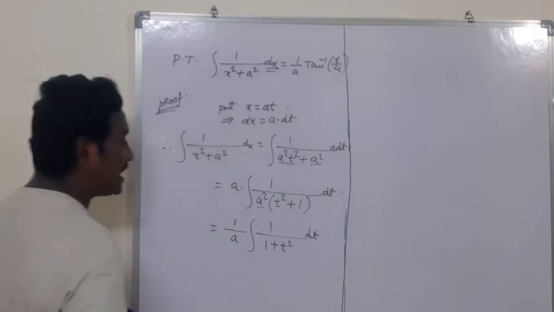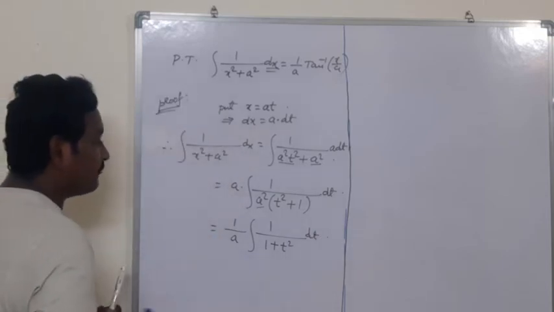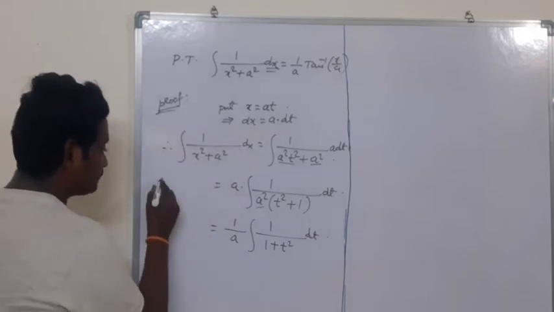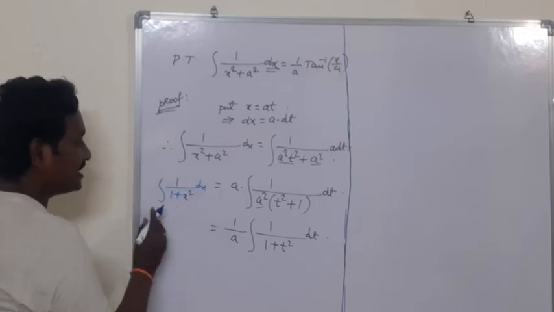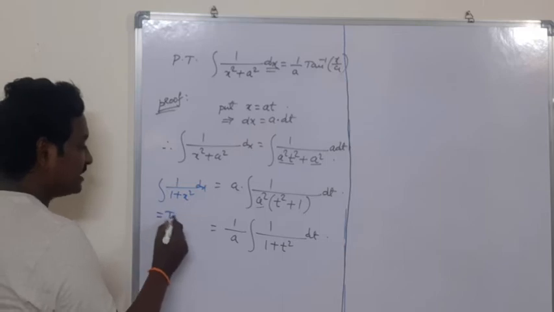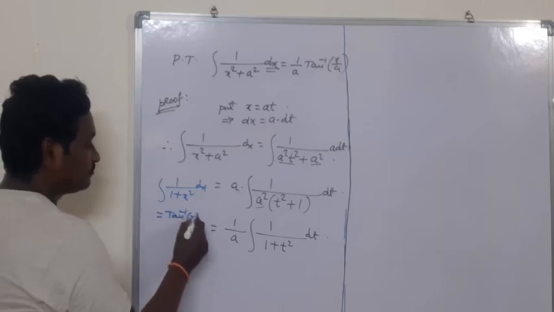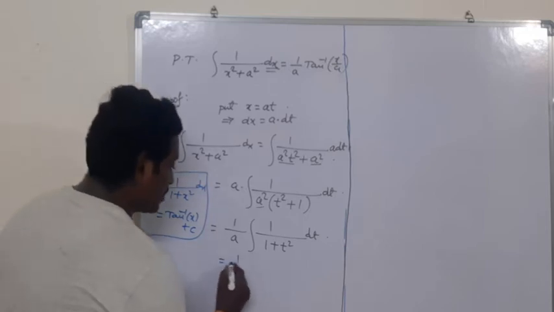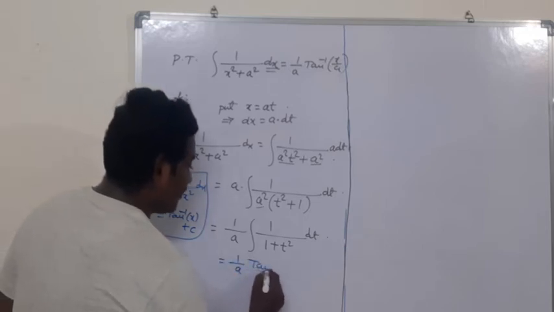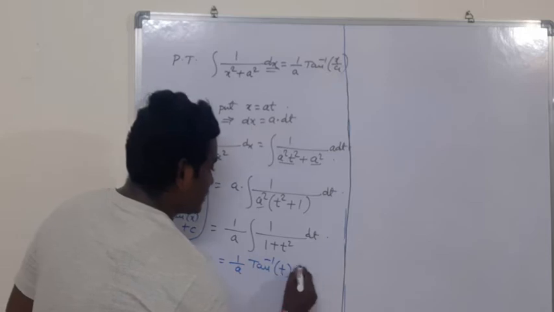Clearly we are observing that this is in the formula of integration of 1 by 1 plus x square dx. What is the integration of 1 by 1 plus x square? Tan inverse x plus c. According to this formula, this becomes 1 by a tan inverse of t plus c.